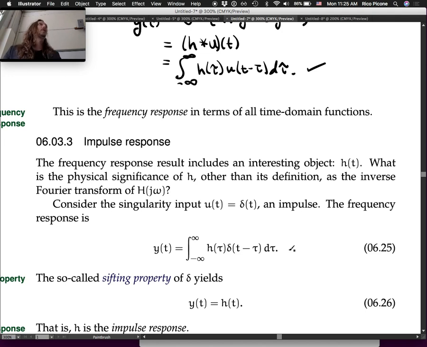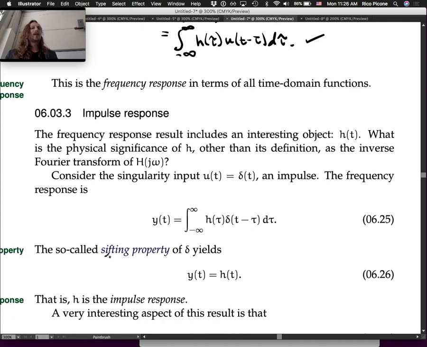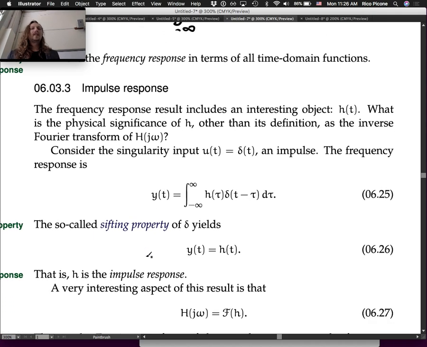But one of its primary properties, probably its definitive property, is that if you have it inside of an integral like this, it has this property called the sifting property that gives you, as a result, the function that delta is multiplied by, which in this case is h, evaluated at this argument, t.